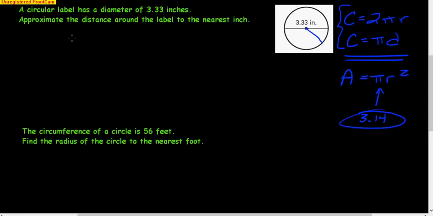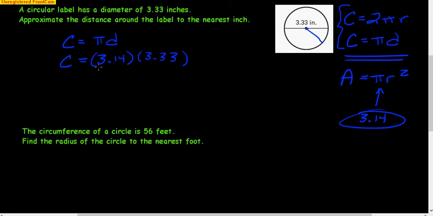For this one, I'm just going to write down the formula I'm going to use, and just like the last couple days, these are plug and chug. Plug everything in that you know, and solve for the thing that you don't. So I'm going to put 3.14 in for pi, and my diameter is 3.33 inches. I'll put the units on at the end.